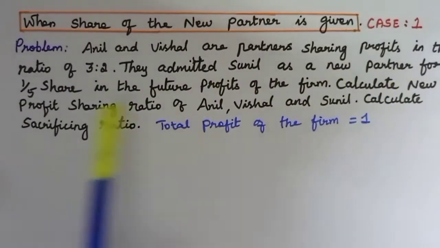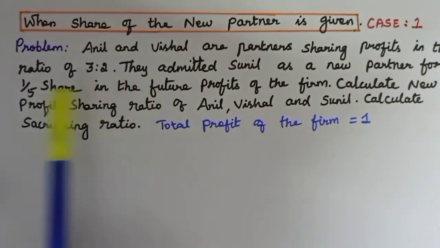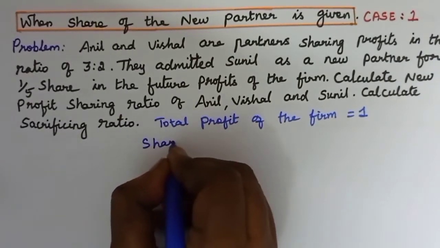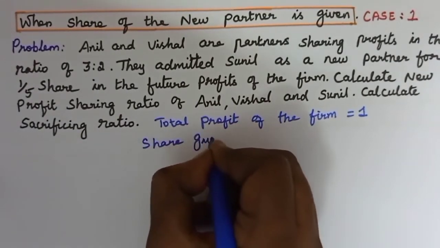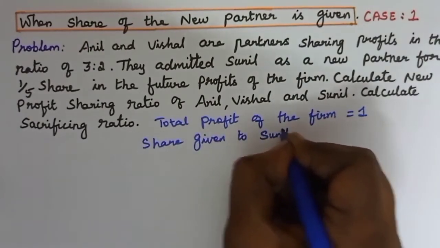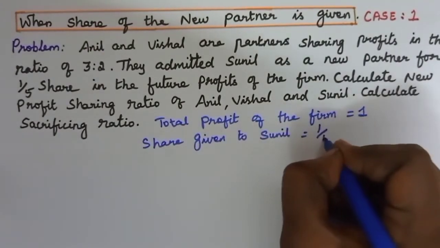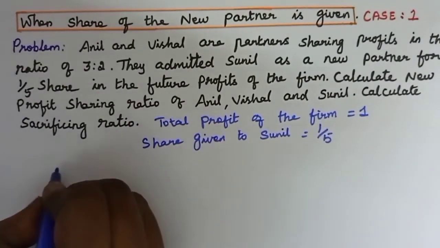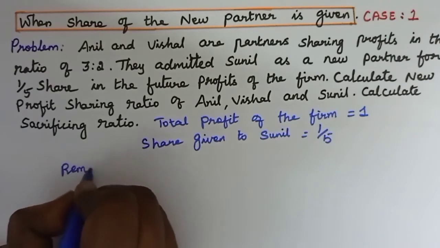The share of profit given to the new partner, Sunil, is 1/5. In this situation, we have to find out the remaining share.